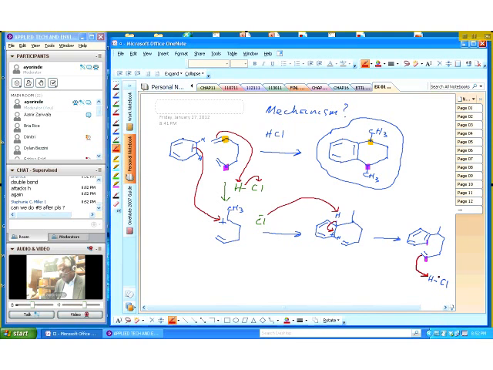This comes in here again, attacks this, and this breaks away. Now, what are we going to get? Another carbocation, exactly. You form another carbocation. Good.